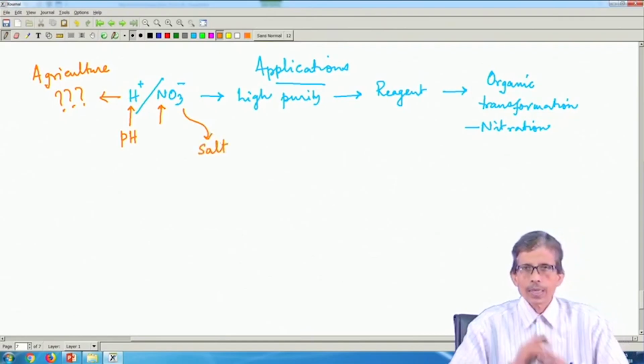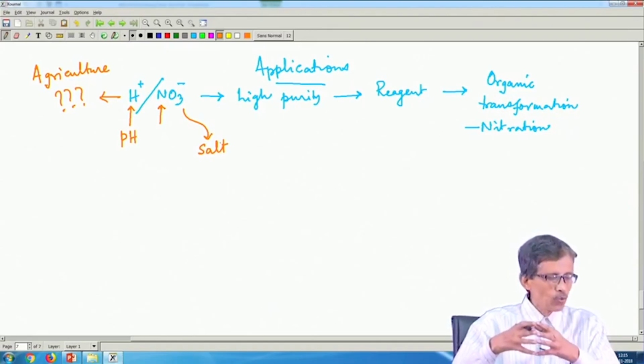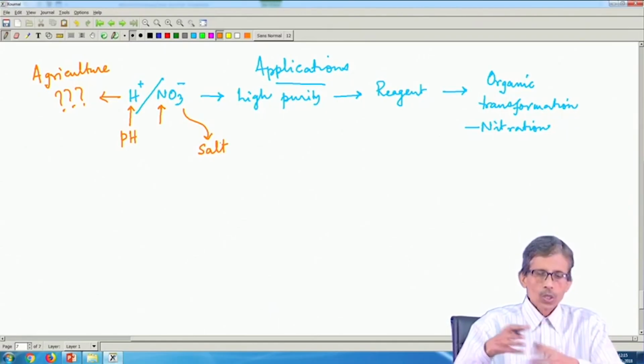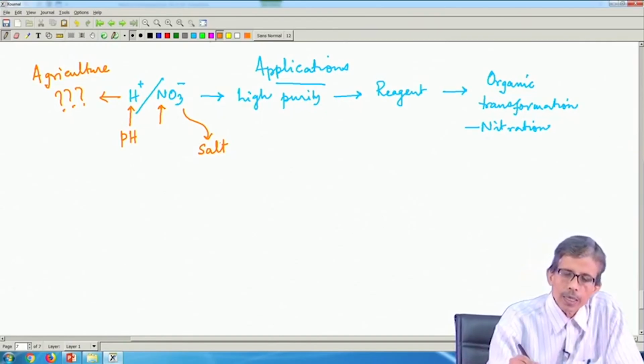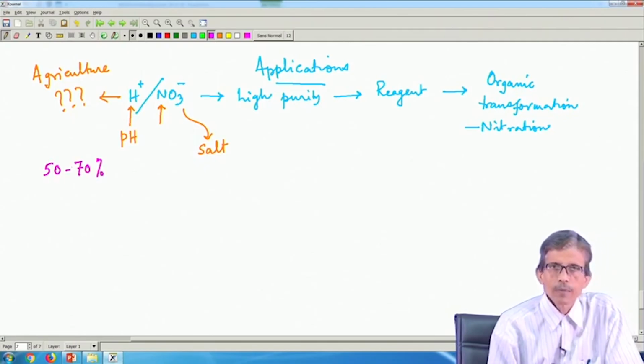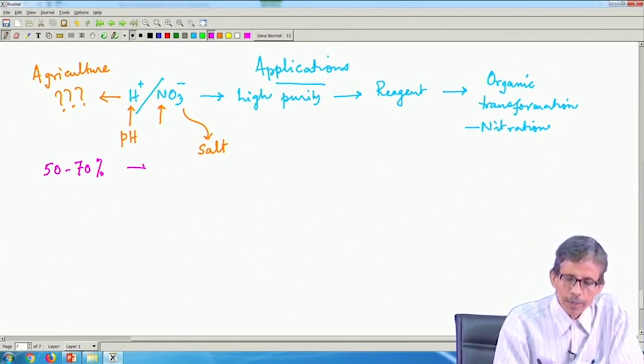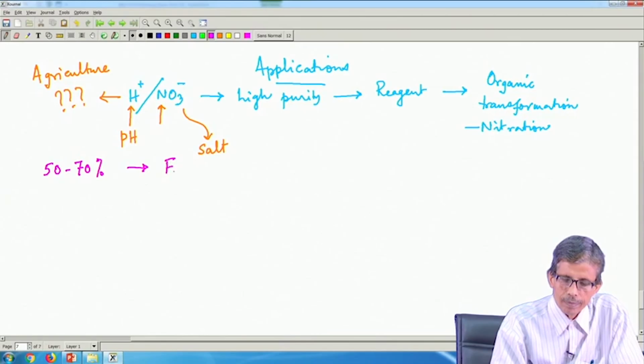So, nitric acid based salt production will be very useful for this purpose. About 50 to 70% of the nitric acid produced in industry is utilized in making fertilizers.